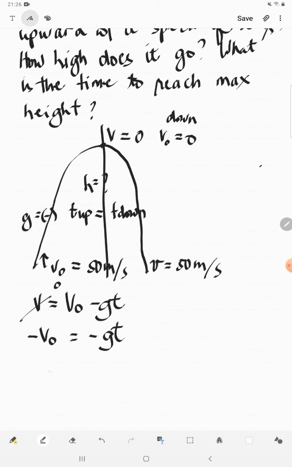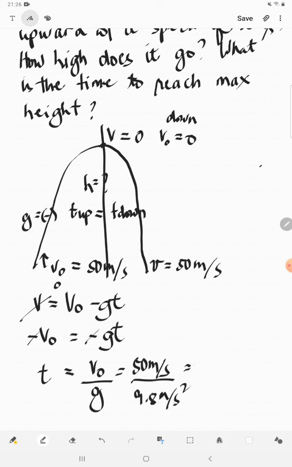To find the time, t is simply equal to v naught divided by g. The negative will cancel. So v naught is 50 meters per second divided by 9.8 meters per second squared. Therefore, the time to reach maximum height is simply 50 divided by 9.8.